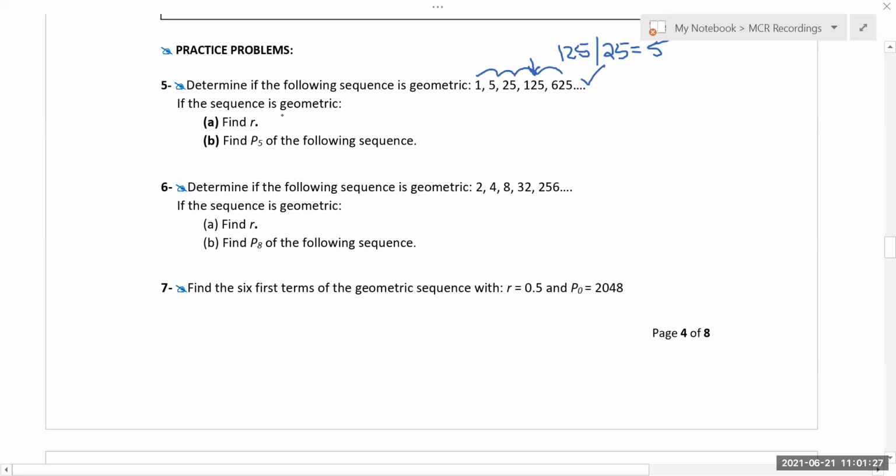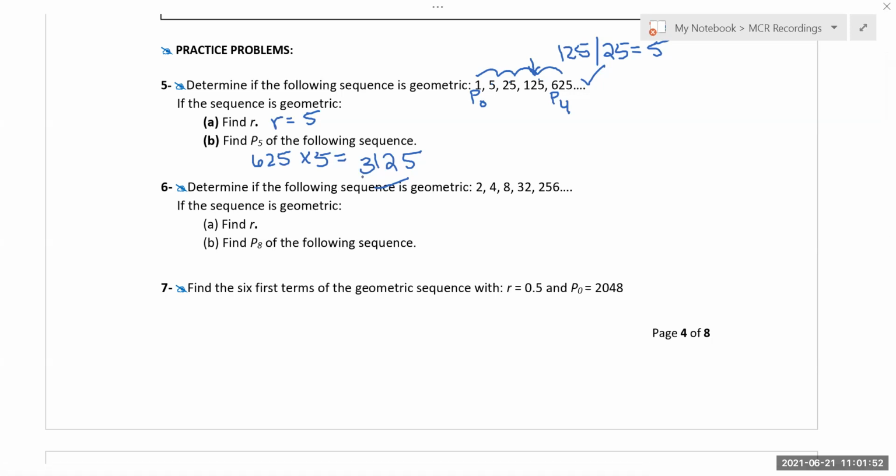So this is geometric, and r is 5. And what I have is P0, 1, 2, 3, 4. So I just need one more to get P5. So it's 625 times 5, which gives me 3125 as my P5 term.